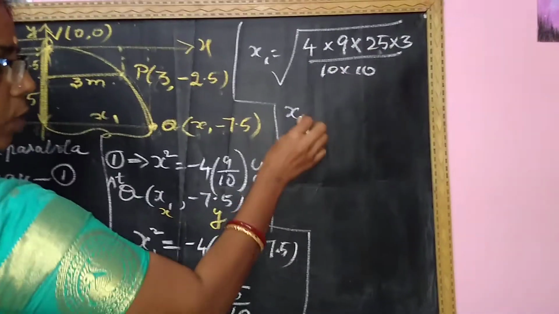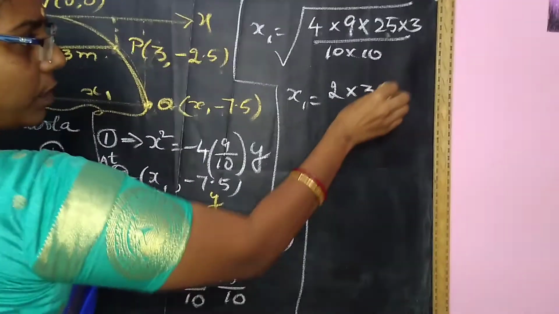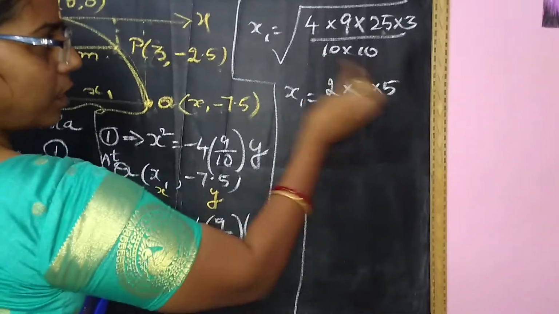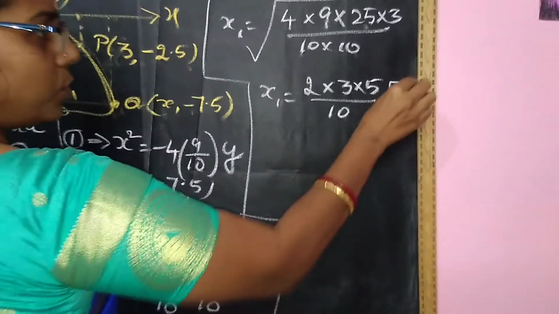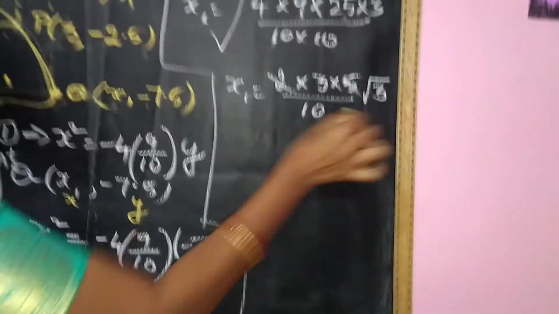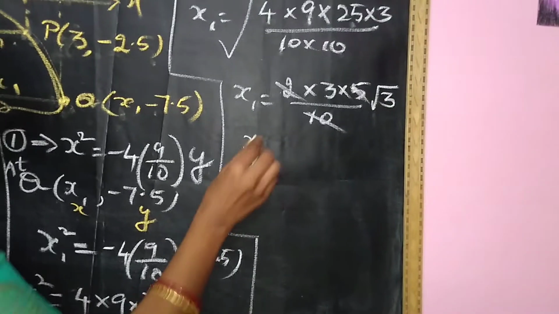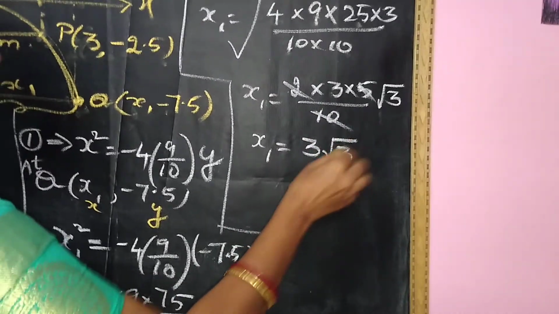So when you bring them outside the square root, it becomes 2 into 3 into 5, divided by 10. Only 3 remains inside the root. 2 fives are 10 here, and this is also 10, so cancel it. We have x1 is equal to 3 root 3 meter.